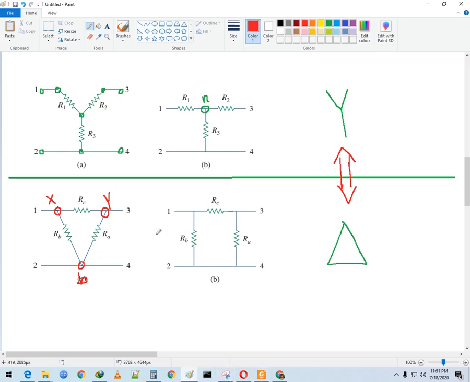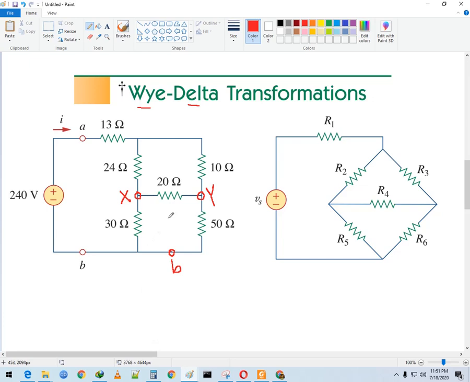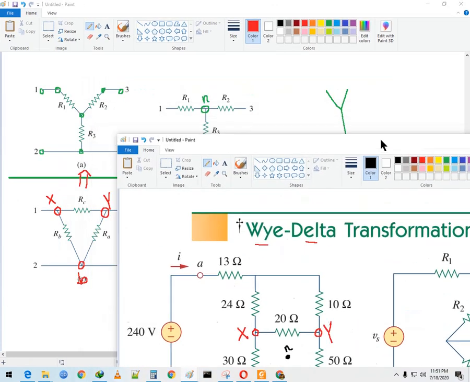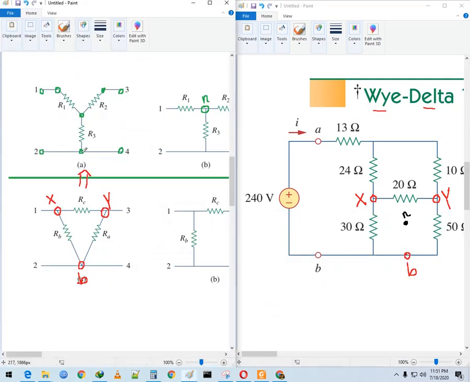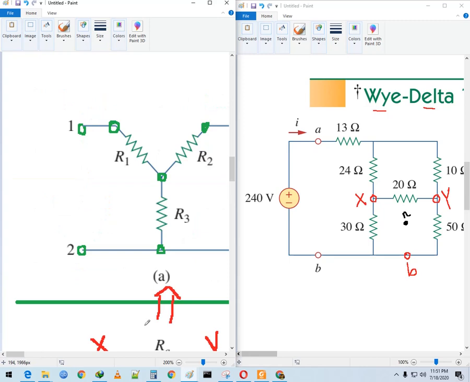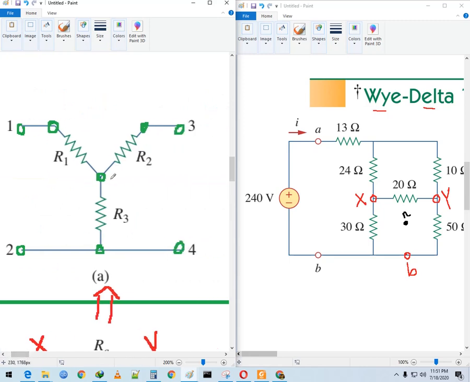So now if we can convert this to Y, we'll see how to convert it later on, but let's say we can convert it to Y. If we convert it to Y, it will have a neutral point. Let's say this is that neutral point, we call it n. So in the Y circuit you have this n over here.